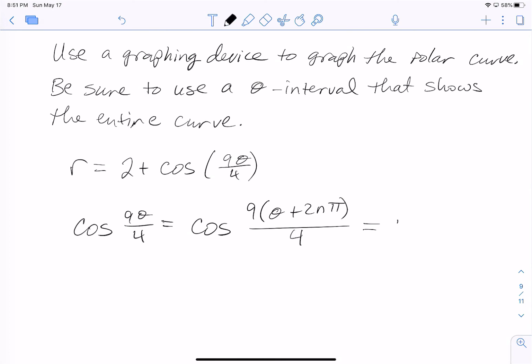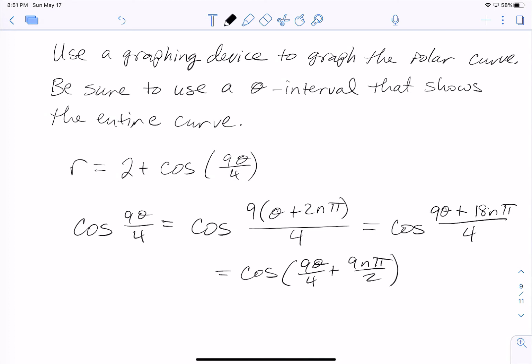Distributing inside the argument, we get the cosine of (9 theta plus 18n pi) all over 4, which can be rewritten as the cosine of 9 theta over 4 plus 9n pi over 2, reducing 18 over 4 there.